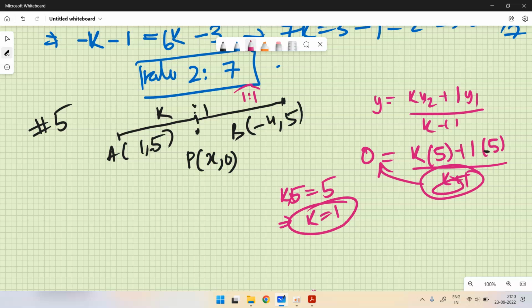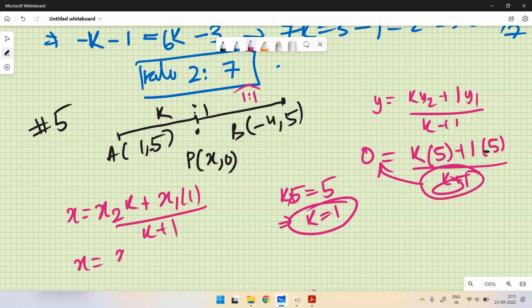If I need to calculate the value of x, it is nothing but (x2 k plus x1 into 1) by k plus 1. Since k is 1, this is (x1 plus x2) by 2, and x1 is 1 minus 4 by 2, which is minus 3 by 2.